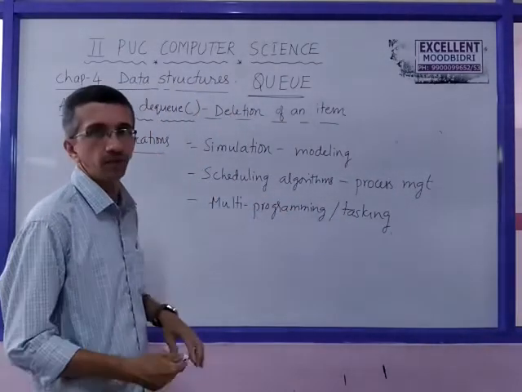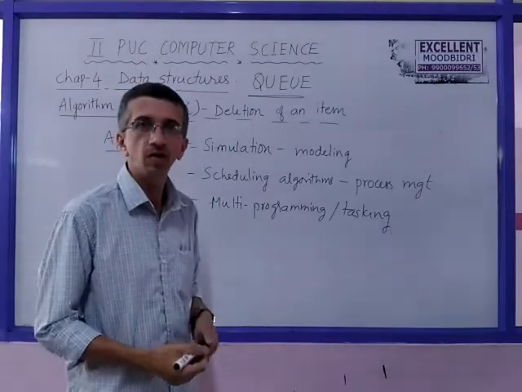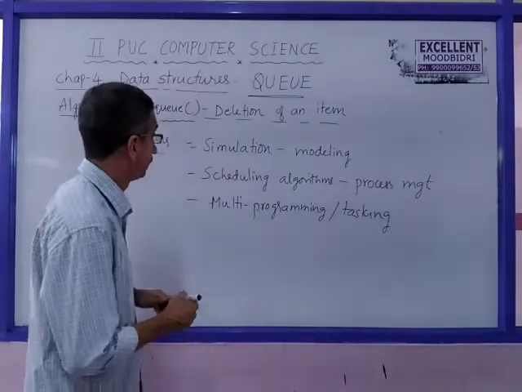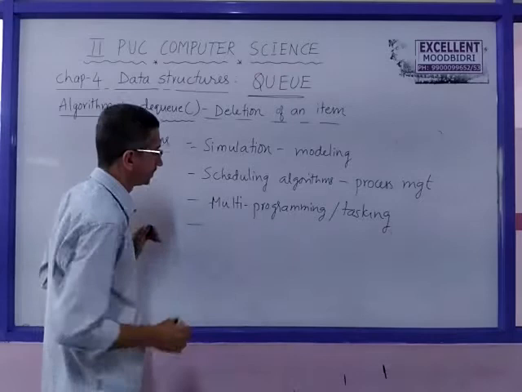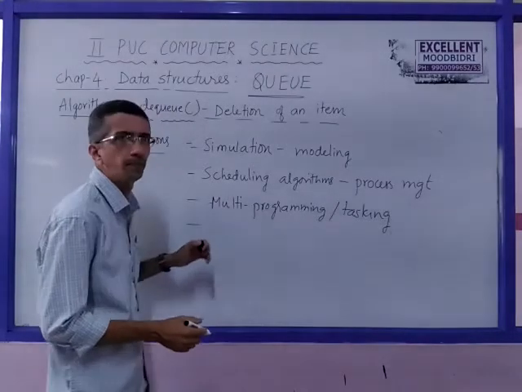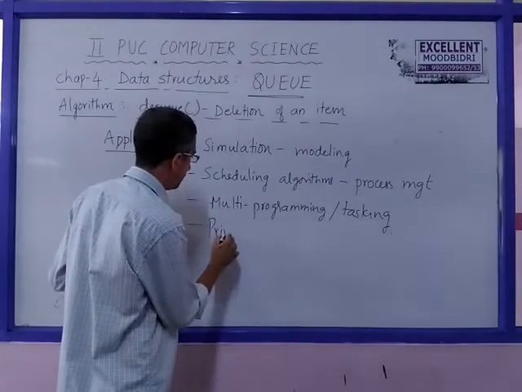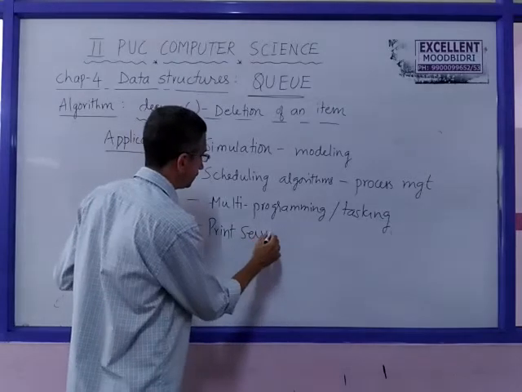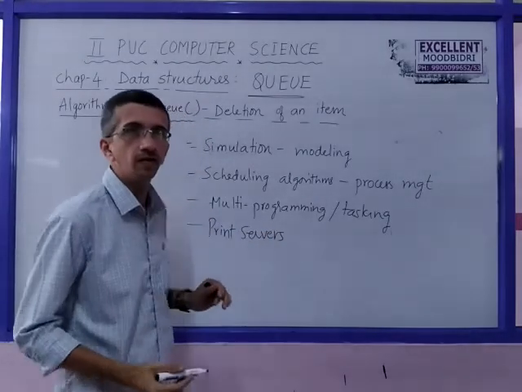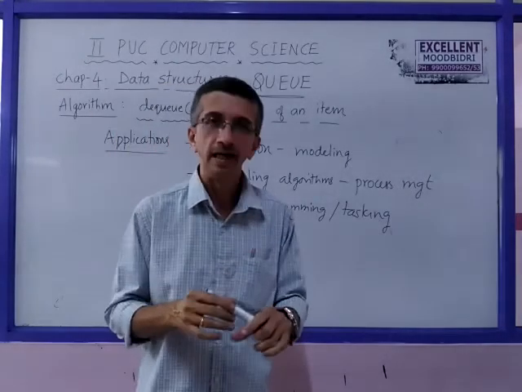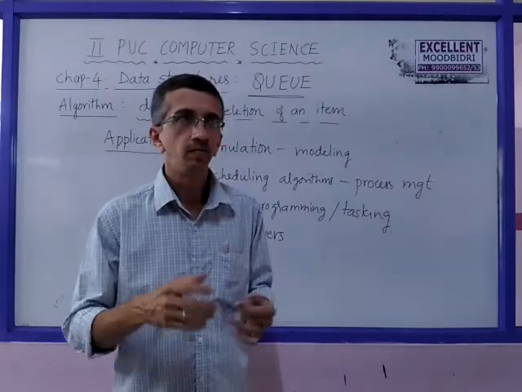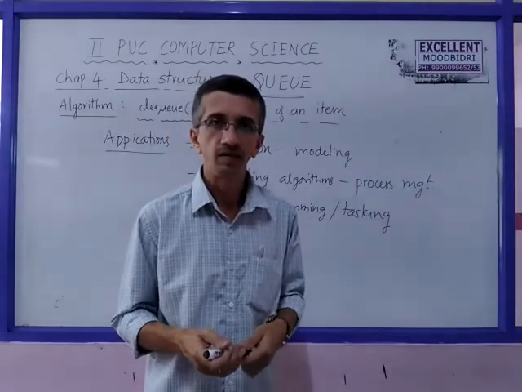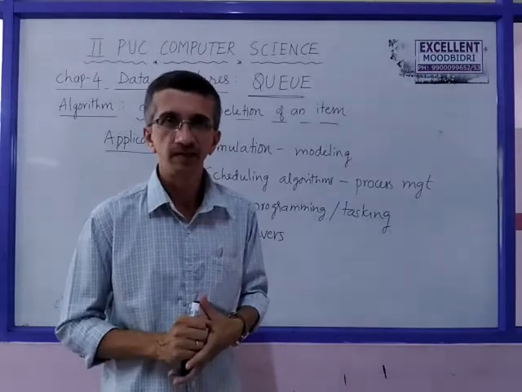Multi-programming, as I told, operating systems or wherever applications work with multi-programming systems. Then print queues, simply, right? Print server queues. Usually in a lab, or where multiple users work with different machines, there can be a limited number of printers.